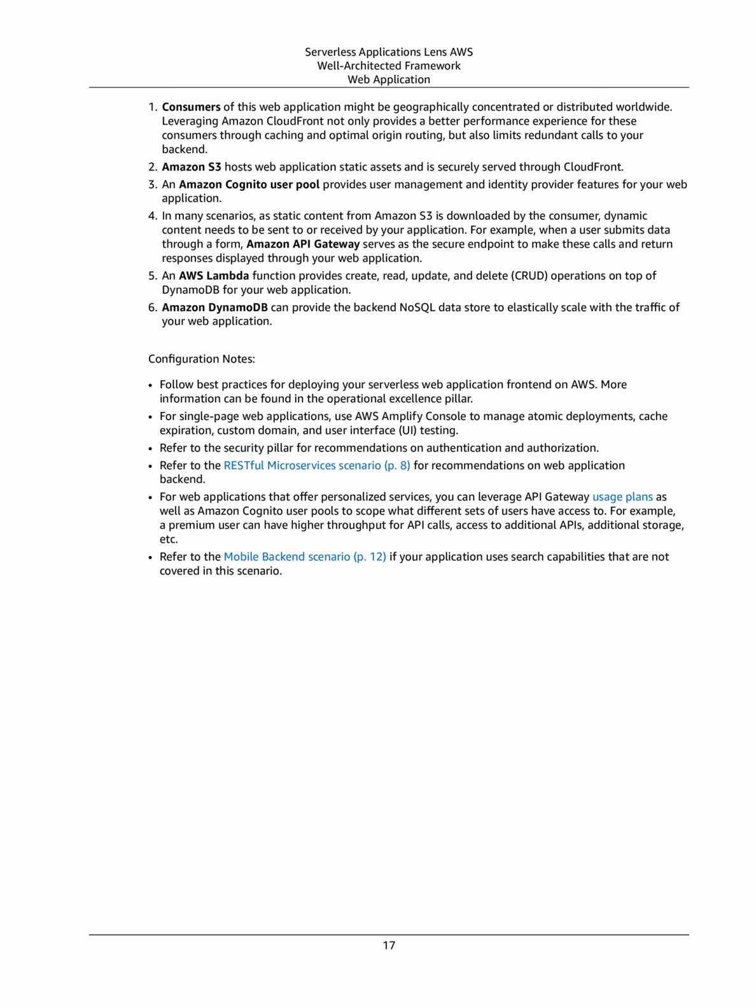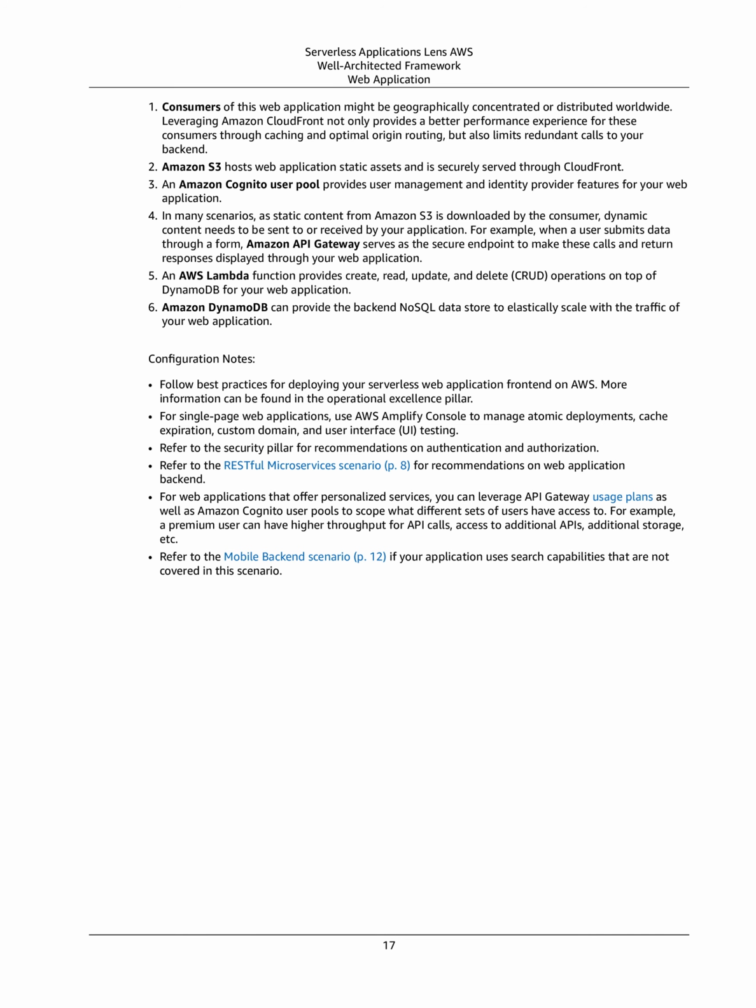4. In many scenarios, as static content from Amazon S3 is downloaded by the consumer, dynamic content needs to be sent to or received by your application. For example, when a user submits data through a form, Amazon API Gateway serves as the secure endpoint to make these calls and return responses displayed through your web application. 5.